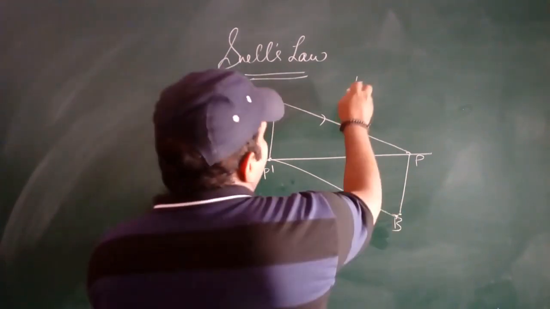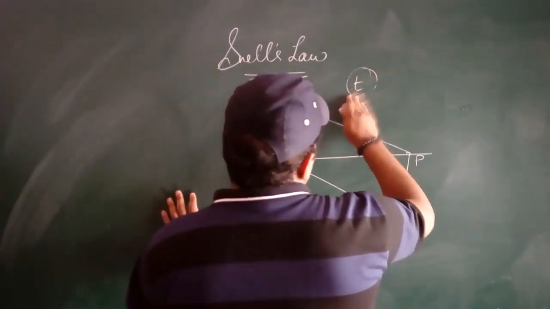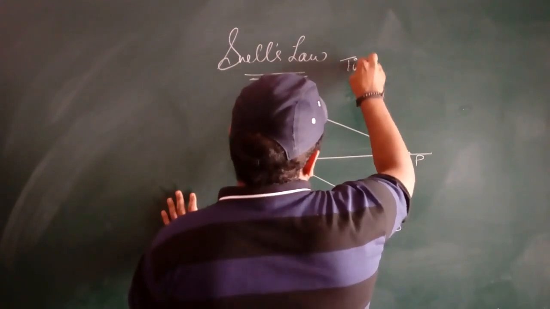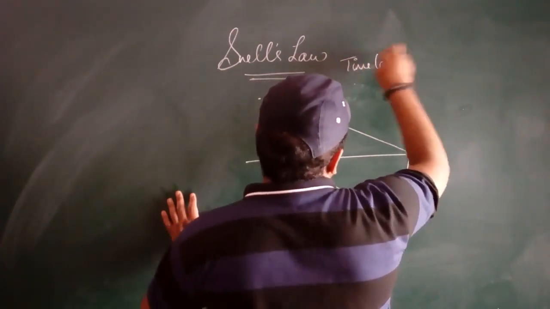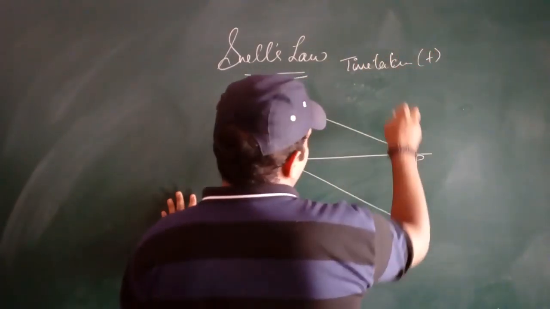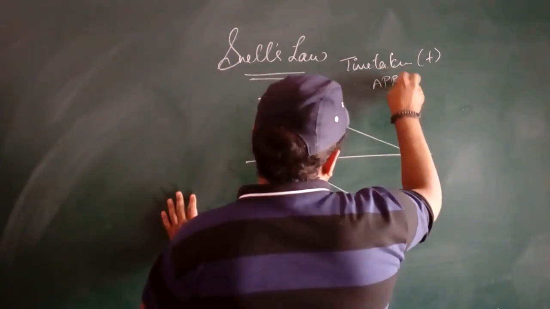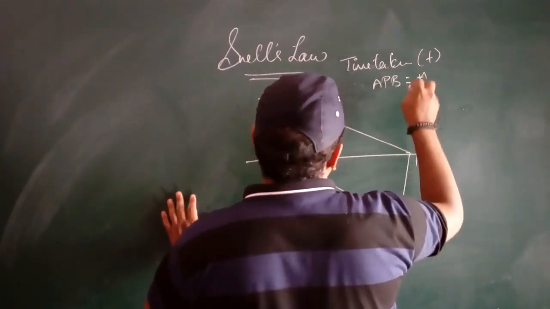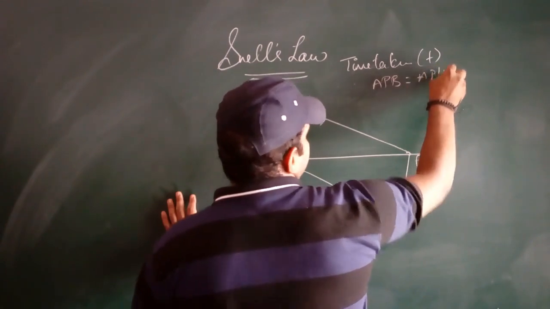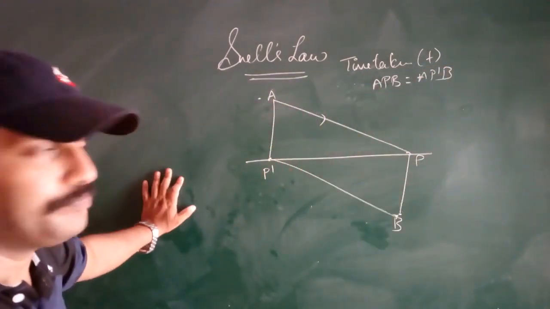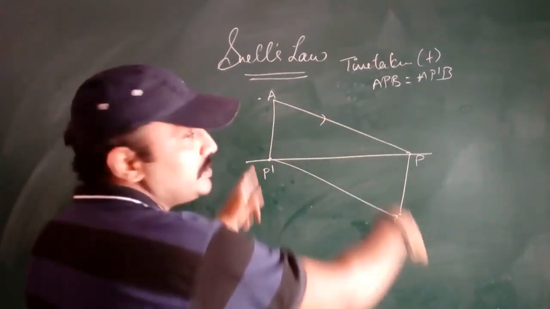So I will take the time taken as T to cover APB, which is equal to the time taken to cover the path AP dash B. This is only one path.